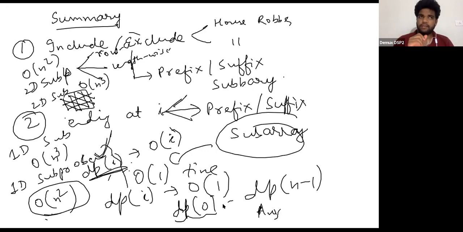We are just using i minus 1 or i minus 2, just one value. So it's a constant time operation, but we are doing it for all the i's, right? So that is taking n time, and that's how the total complexity is n. This is the simplest type of DP problem that you can get. 1D sub problem, order n time.